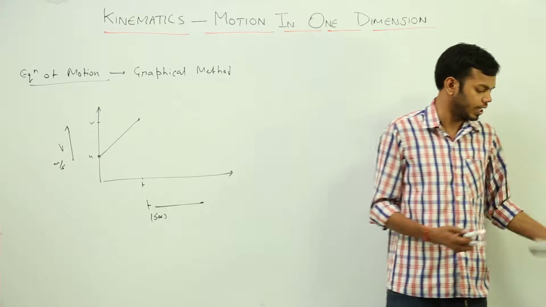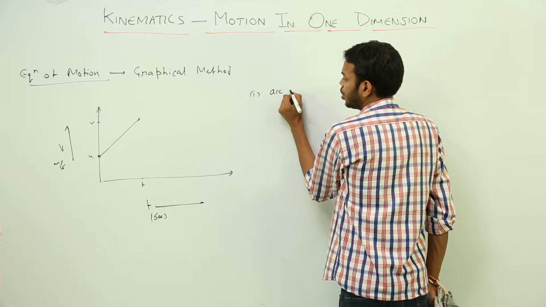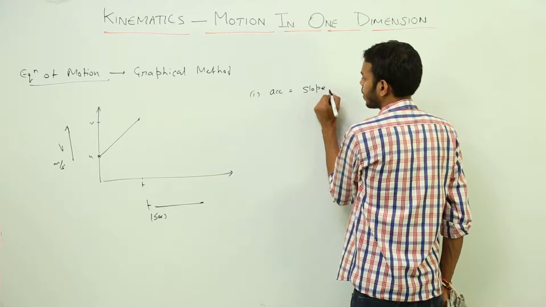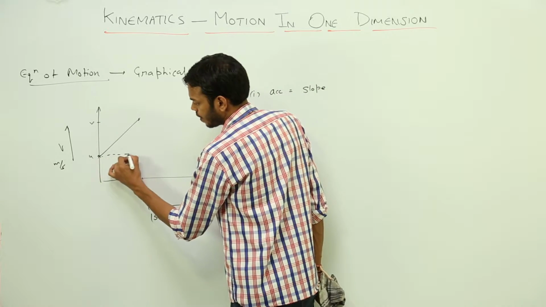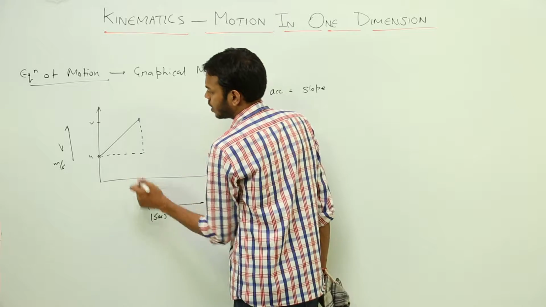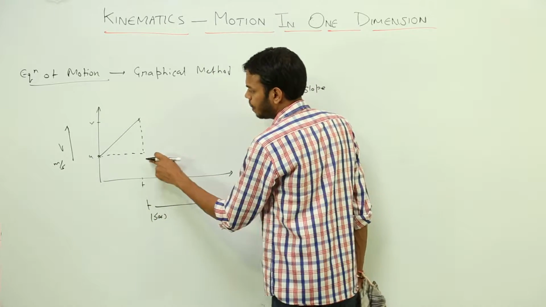I want the acceleration. Acceleration is given by the slope, which is tan theta. So the slope of this line from here to here, which is equal to tan theta, will be equal to height over base.